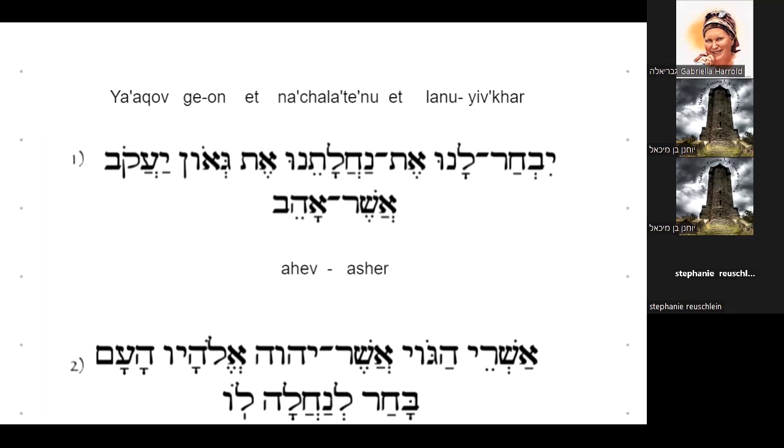So our inheritance is the heritage of Jacob, right? But it's also what? The Aleph and the Tav, or Yahushua. He's part of our inheritance. Being able to have a relationship with the Messiah, that is part of our inheritance. Isn't that amazing? All right.